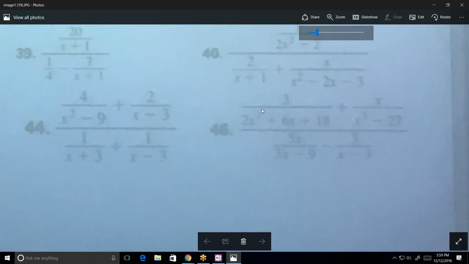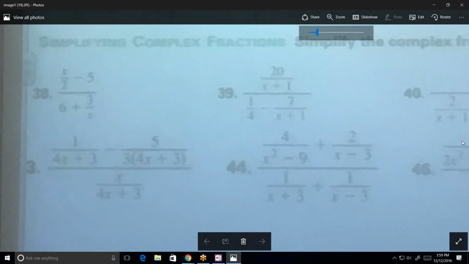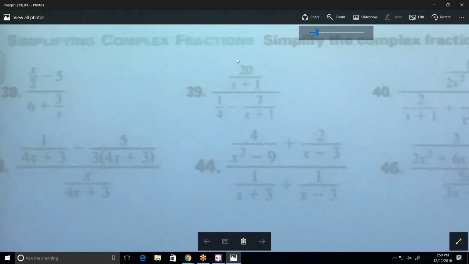All right, let's see if there's any ridiculously hard ones here. What was that one we just did? I think 38. It was 38, yeah. And notice that these aren't significantly different. In other words, we already have a single fraction in the numerator, so this actually should be easier.